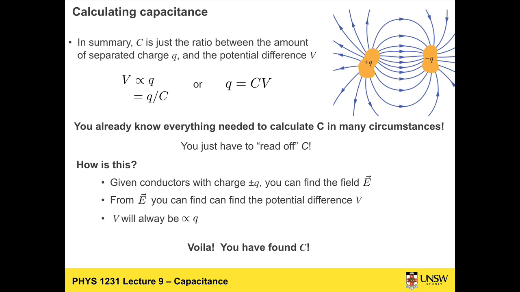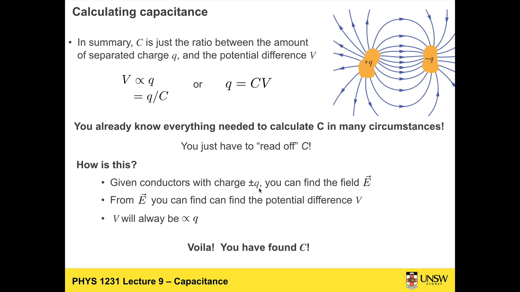So how do you calculate the capacitance? Well, at this point you really have everything you need to know to calculate the capacitance. You just calculate the potential difference, you see it's proportional to the charge, and you just read off the capacitance. So in practice that means we assume we get to electrostatic equilibrium.